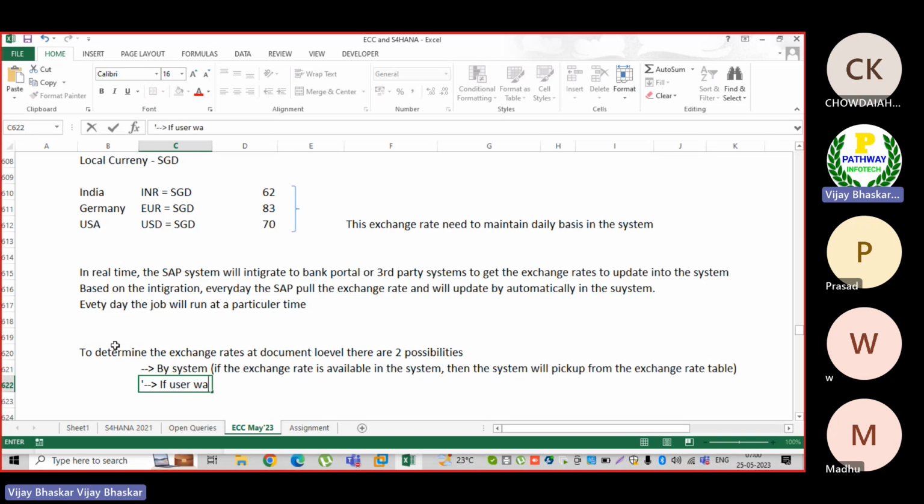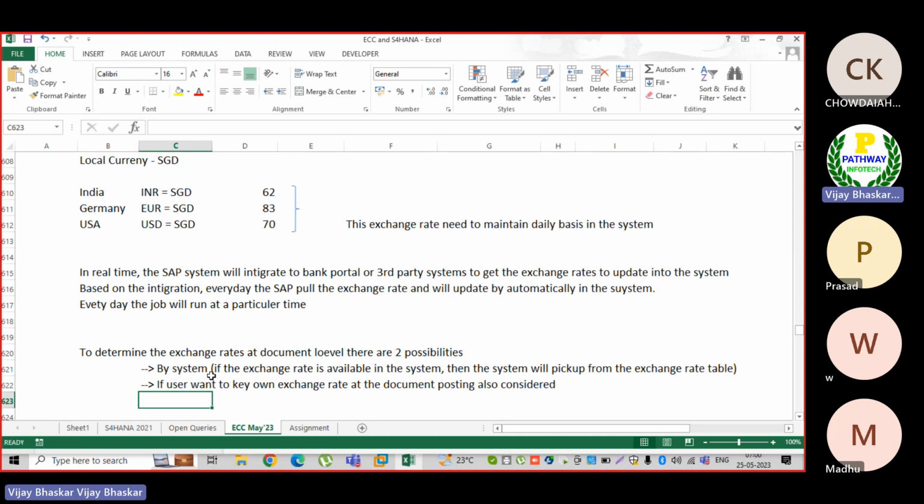Then the second possibility, if the user wants to key in their own exchange rate at the time of document posting, that is also considered. See now, there are two possibilities by the system.